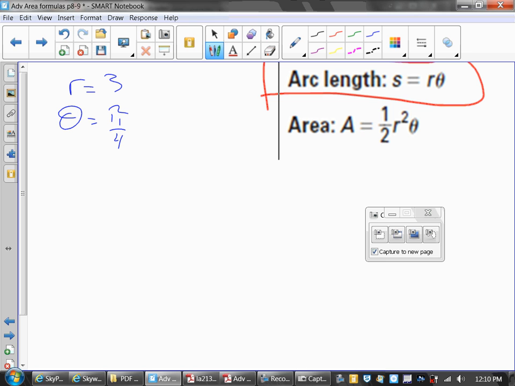When I want to find the arc length, it's just going to be the radius times theta. When I want to find the area, it's going to be 1/2 times 3 squared times theta. When you multiply that out, you get 9 over 2, and that winds up being 9 pi over 8.